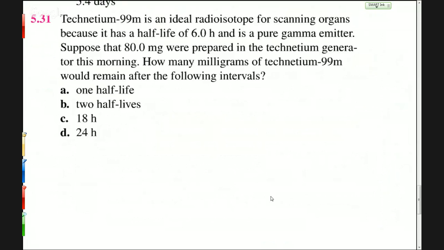So if you got 80 milligrams prepared this morning, how many milligrams would remain after the following intervals? So we start with 80 milligrams. And after one half-life, how much would be left? 40.